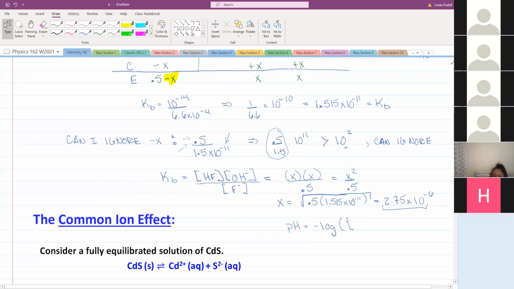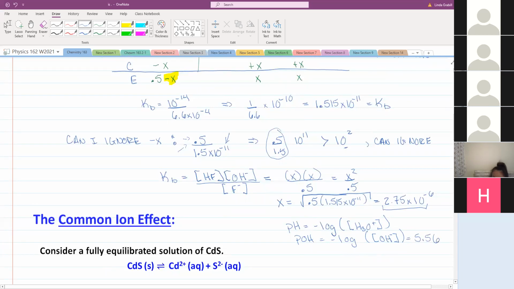It's clear to me. Okay. So there's my pH; my pOH is the negative log of the concentration of my hydronium, which got me 5.56 pOH.